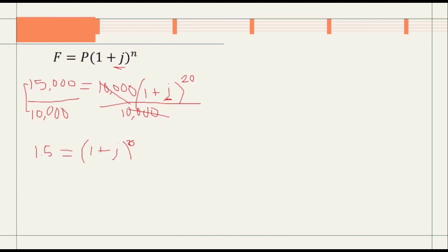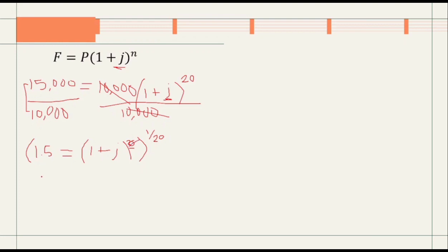And then we are going to eliminate this 20 here by raising both sides to 1 over 20. So this 20 will be cancelled.